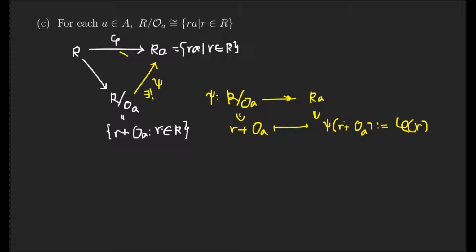This is the unique homomorphism, and indeed you can show the kernel of phi is equal to O_A. This means, by this if and only if relation, R quotient O_A is isomorphic to RA. This is the first isomorphism theorem.